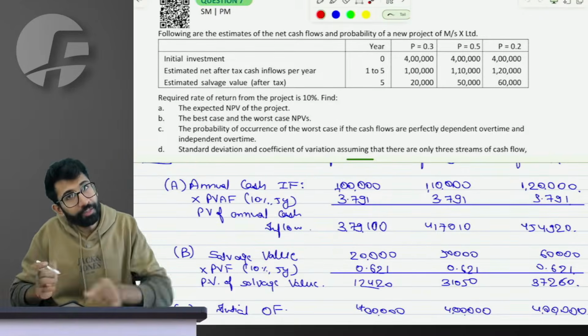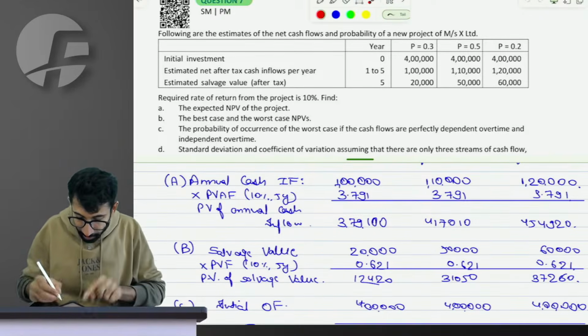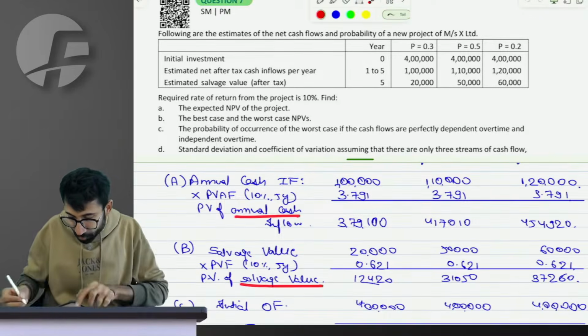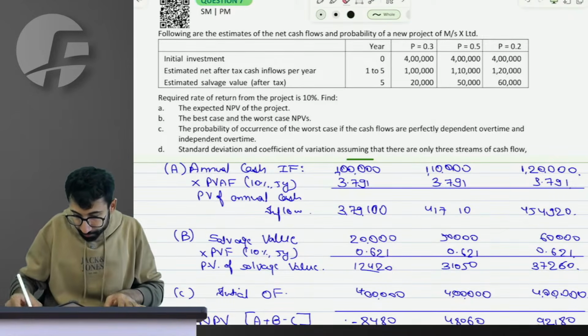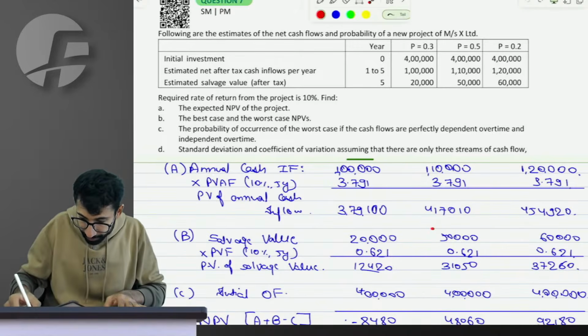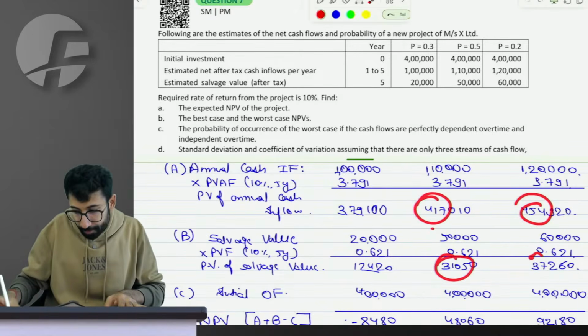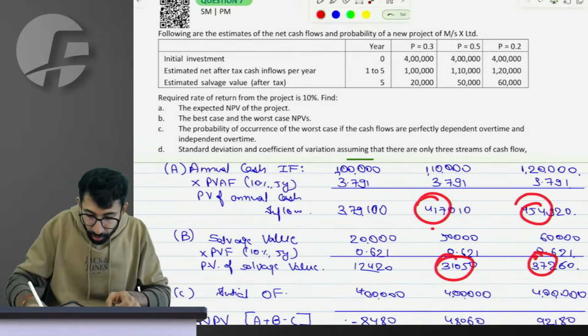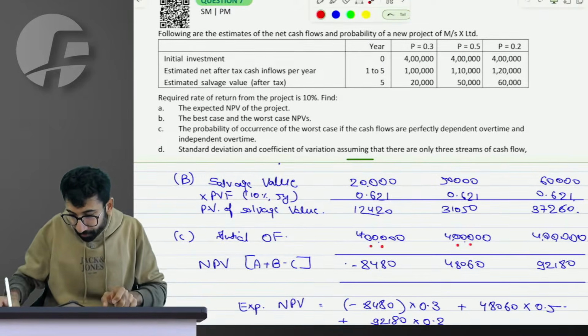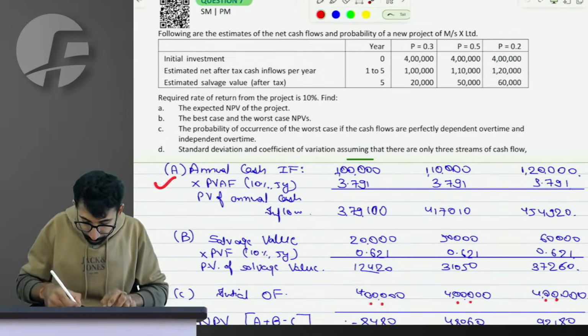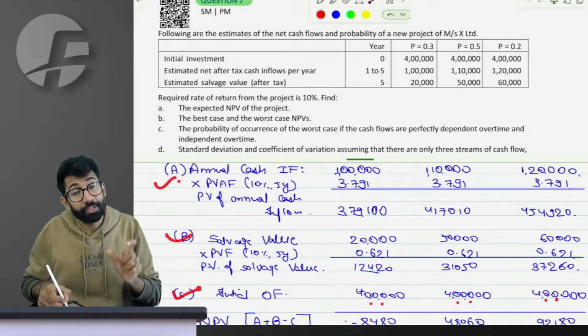So overall present value of all future cash inflows, including the annual inflow and the salvage value, is this plus this, plus this and this plus this, minus the initial outflow, which is in all cases 4 lakhs. When you deduct 4 lakhs from it, you get A plus B minus C as your NPV.